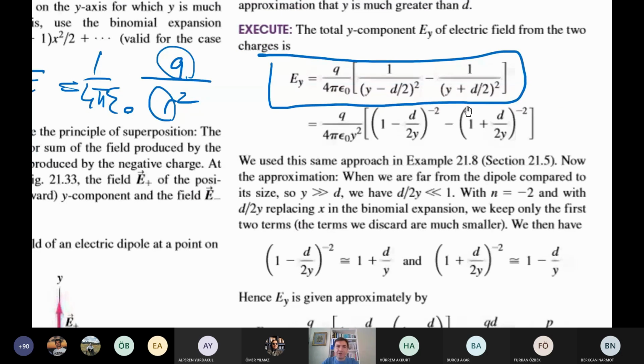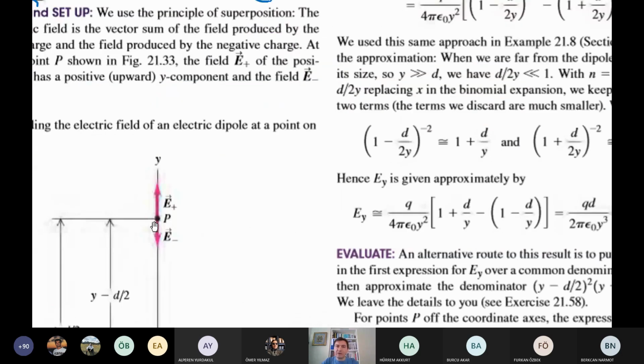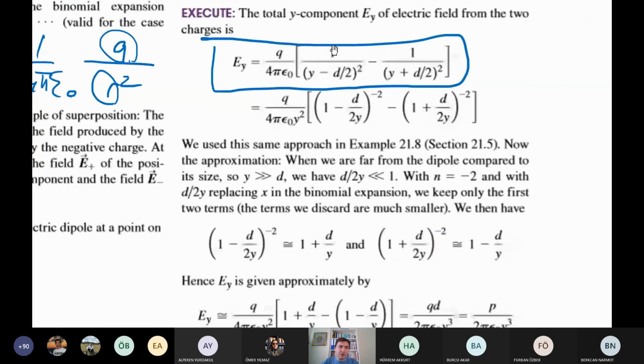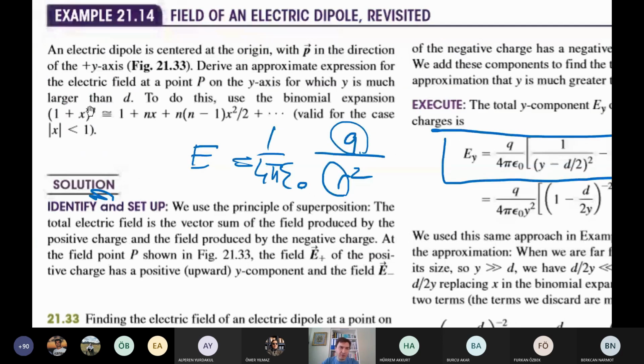Then you can rearrange this one, and if you use this formula 1 over x power n, this is the binomial expansion, okay? You can write this one approximately 1 plus nx plus n times n minus 1 times x squared over 2, and it goes, okay?